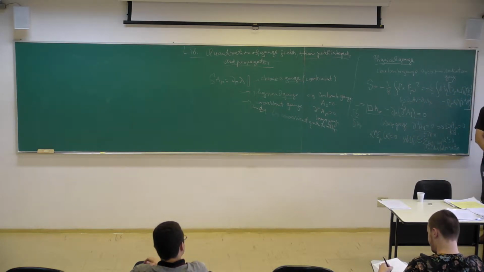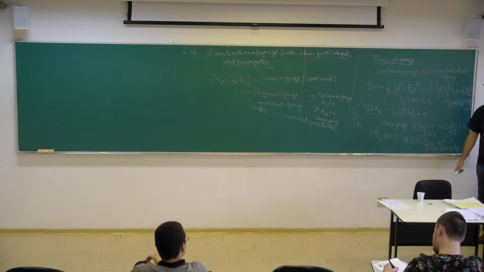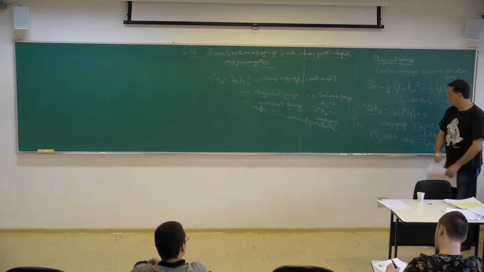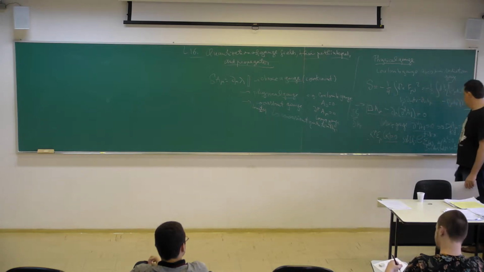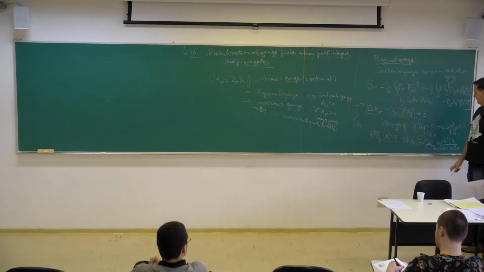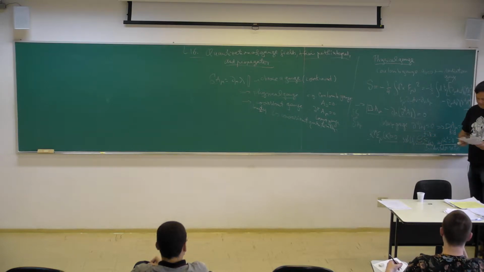Derivative becomes ik_μ, and then A_μ is some complex number times epsilon. So this is our solution in this Lorentz gauge: e to the plus minus ikx ε_μ(k), where k squared is 0 and k^μ ε_μ(k) is 0.